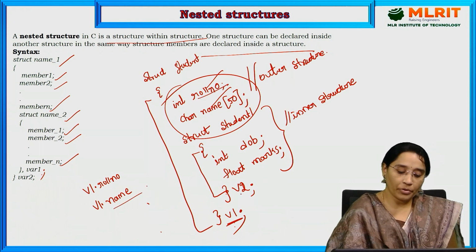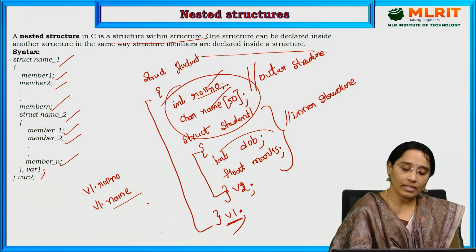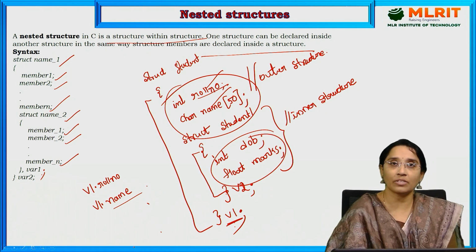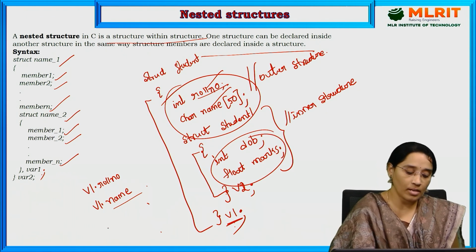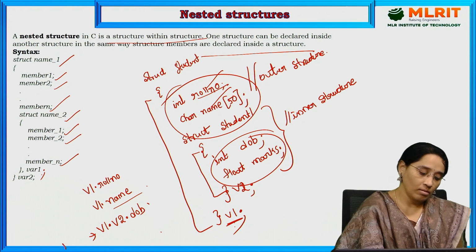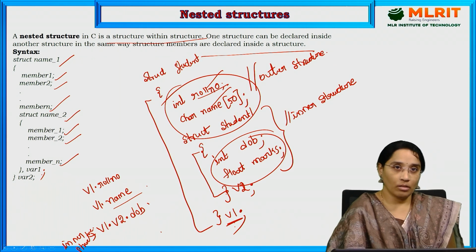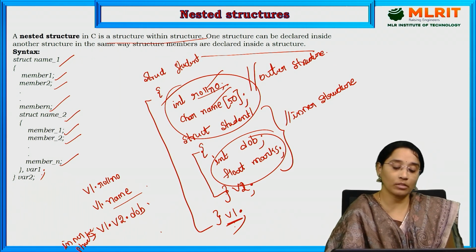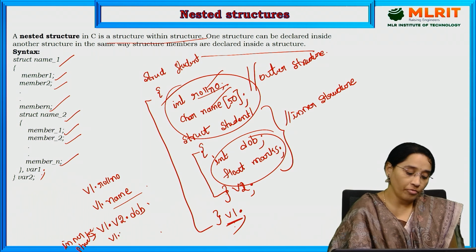Suppose I want to access the members of the inner structure. How are they accessed? It is the outer structure variable, then the inner structure variable, with the members: v1 dot v2 dot dob, date of birth, v1 dot v2 dot marks.